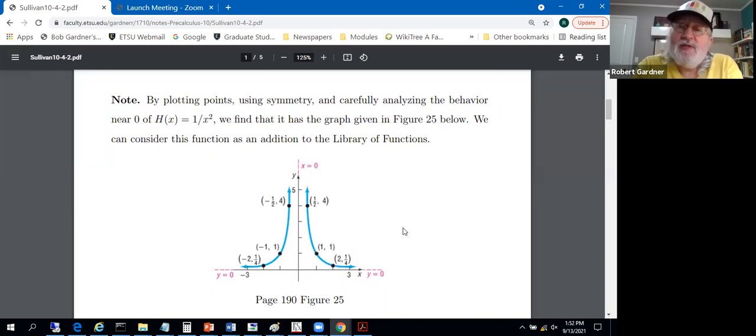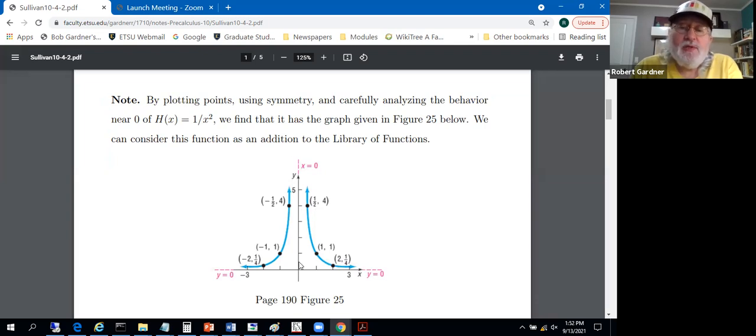We'll consider this a function added to the library of functions. We could translate, stretch, compress, and reflect it. But notice there's symmetry with respect to the y-axis. This is an even function, so it has that kind of symmetry.